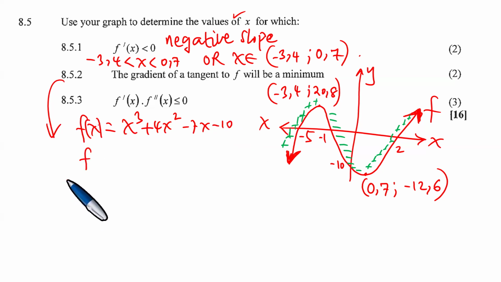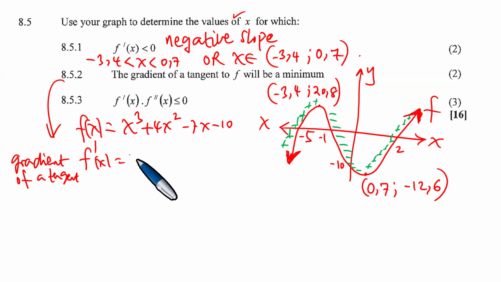The gradient of a tangent is f prime, which is 3x squared plus 8x minus 7.